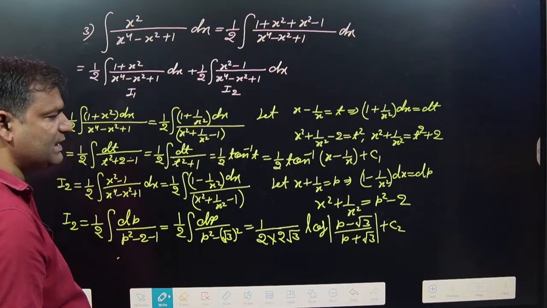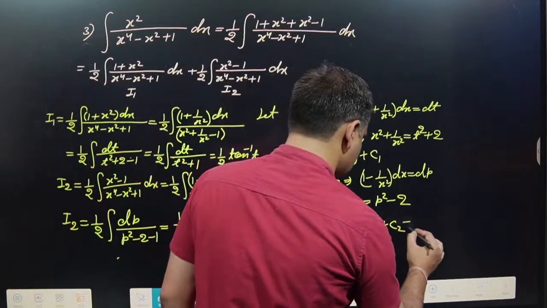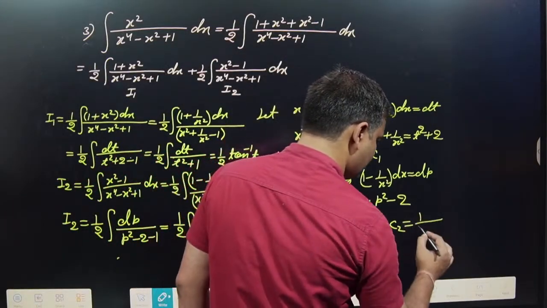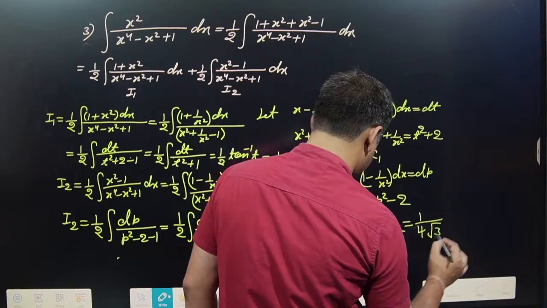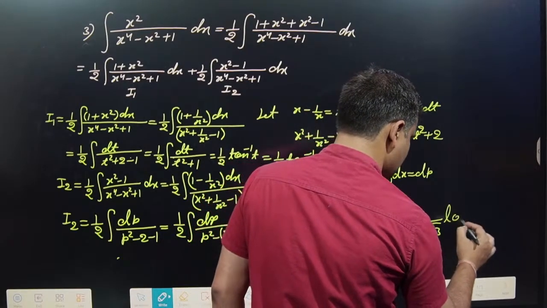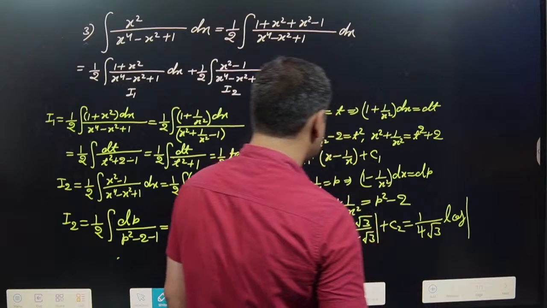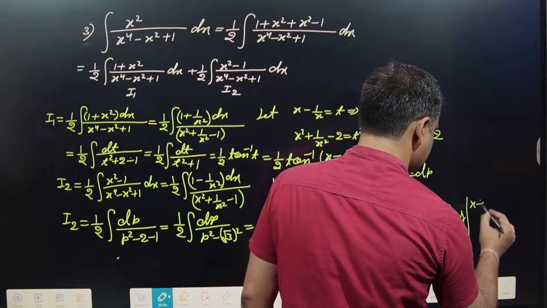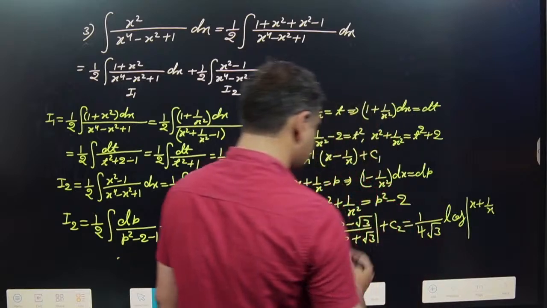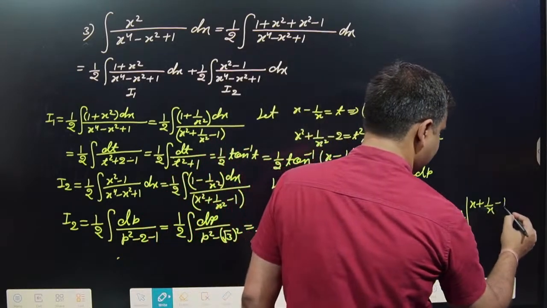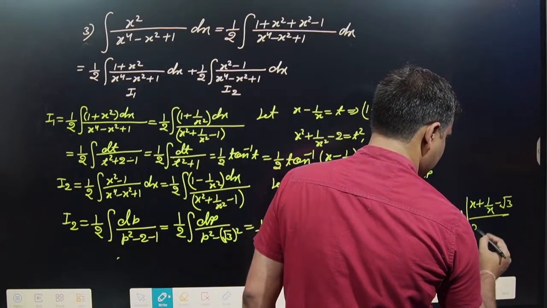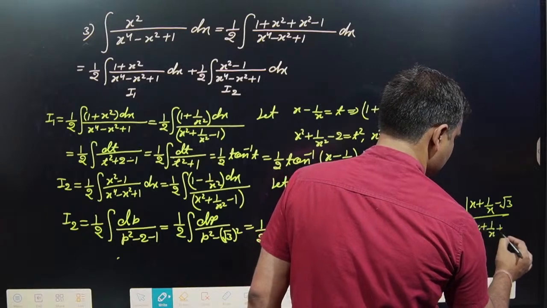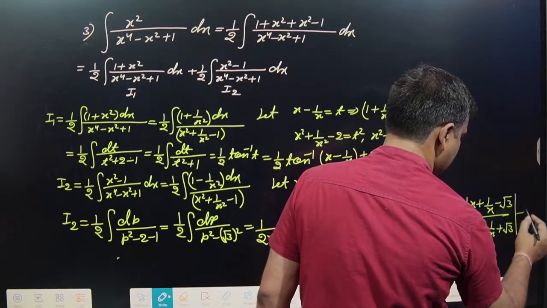P is basically x plus 1 upon x, so you can say 1 upon 4 root 3 into log of x plus 1 upon x minus root 3 divided by x plus 1 upon x plus root 3 plus c2.